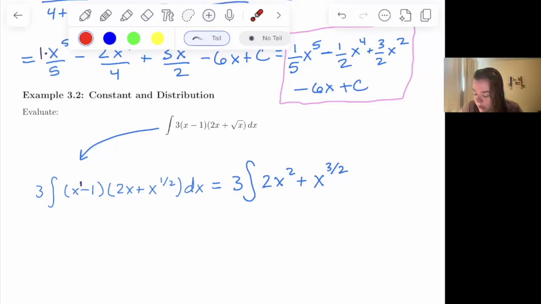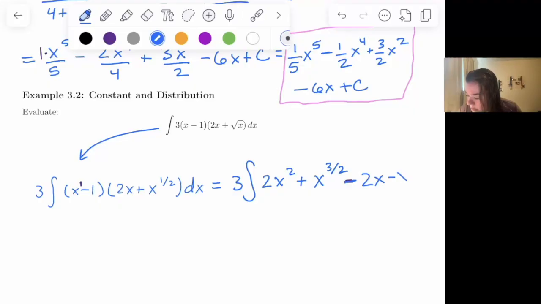Now, continuing along, I'm going to take -1 times 2x, which becomes -2x. And then I'm going to take -1 times the last term there. So -x to the 1/2 dx.